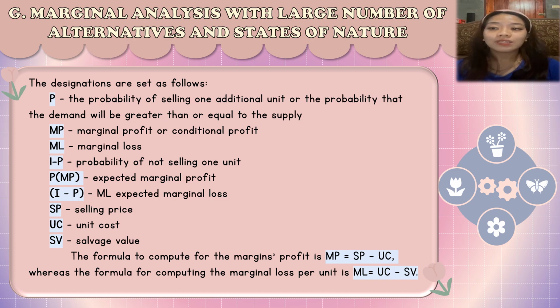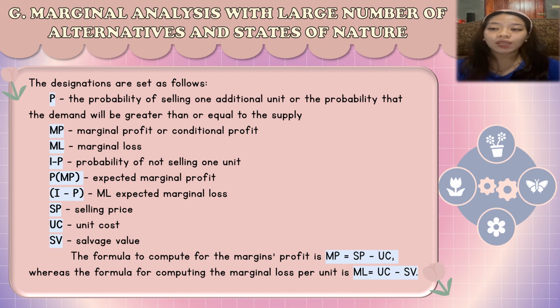So, the designations are set as follows. P stands for the probability of selling one additional unit, or the probability that the demand will be greater than or equal to the supply. MP means marginal profit or conditional profit. ML means marginal loss. 1 minus P is the probability of not selling one unit.